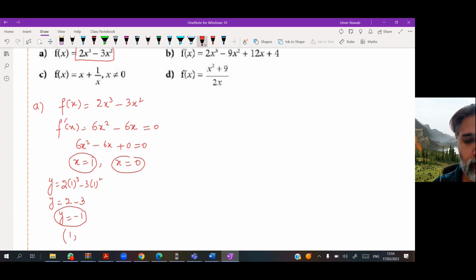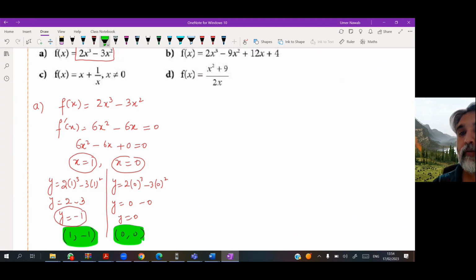So the first point is 1 comma minus 1. Substitute 0. 0, 0. So these are the two stationary points we found, but at this moment I am not sure whether at these 2 points I am getting a maximum point or a minimum point.